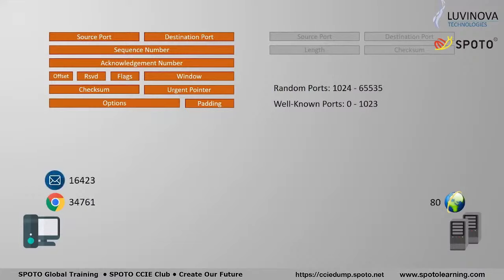Now it opens a mail client and is able to send and receive mail. Both applications can access the network at the same time. But when data arrives at this device, how does it know which application it belongs to? The IP and the MAC address are the same, so they won't help. Yeah, you guessed it. The two applications use different port numbers.